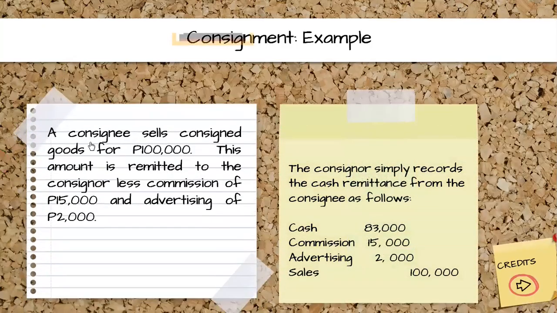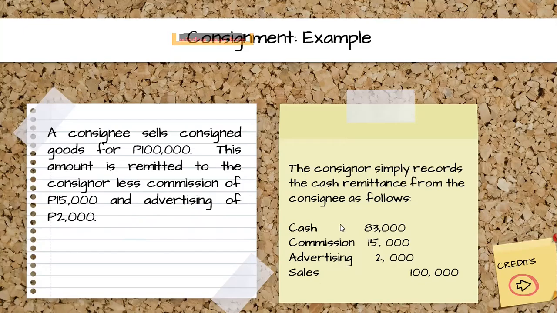So we have here an example. A consignee sells consigned goods for 100,000. So this amount is remitted to the consignor less the commission of 15,000 and advertising of 2,000. So this is the entry of the consignor to record the cash remittance and the sale.